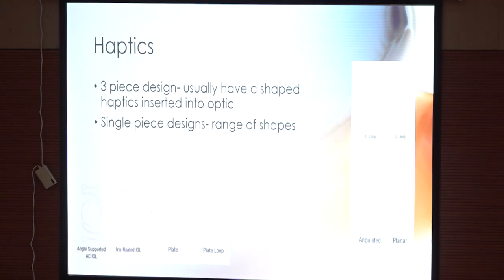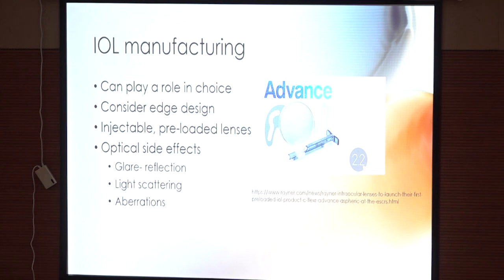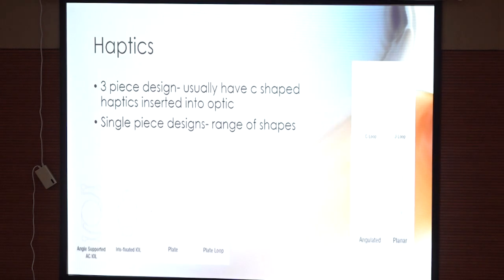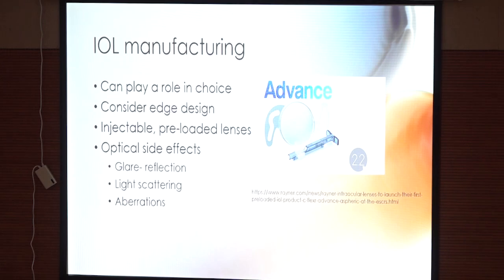Haptics I have discussed. They can be 3-piece or 1-piece, and they can be C-shaped or J-shaped. C-loops are seen mostly in the AMO type of lenses, such as the Tecnis, and J-loops are seen in Alcon lenses like the MA60AC. IOL manufacturing can also play a role.